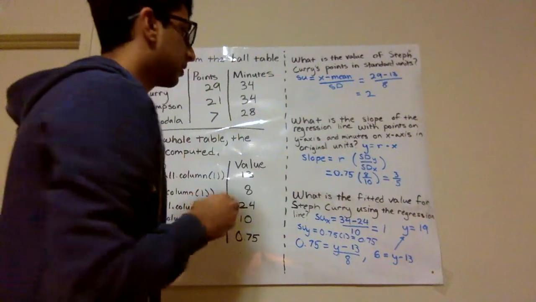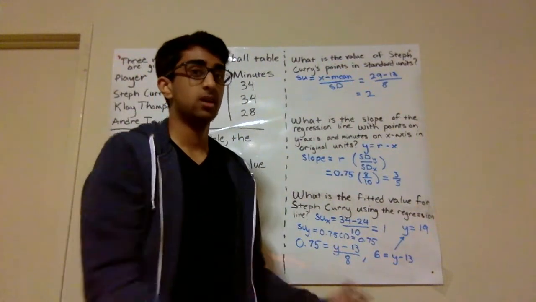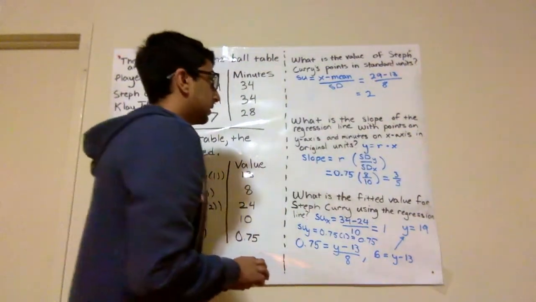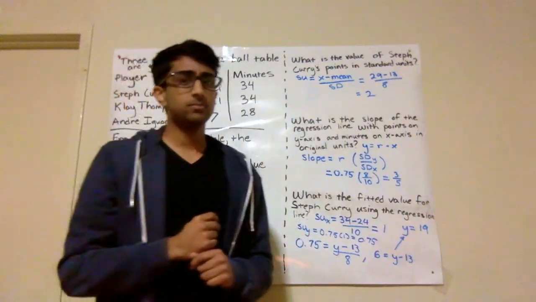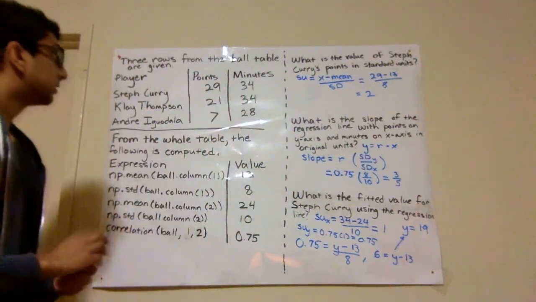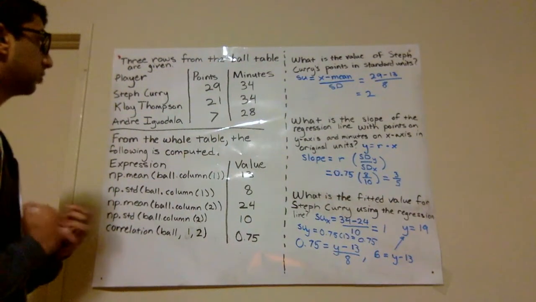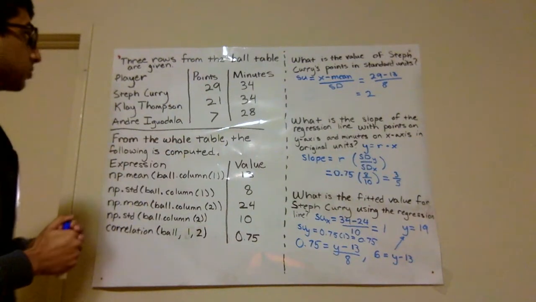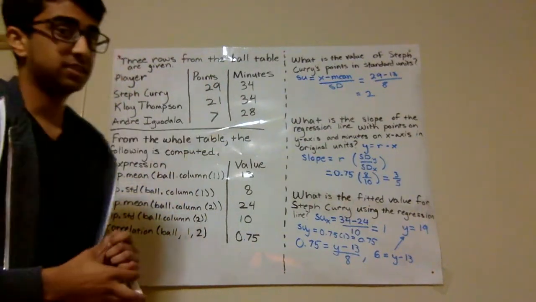So we can ask ourselves a couple questions, and this was actually the follow-up question before we head on to evaluating the other method. We're going to evaluate why y equals 19, or Steph Curry's fitted value, is so off compared to his points. If you look at how much Steph Curry does compared to a lot of his other teammates, obviously this table doesn't tell you the whole story, but in terms of points per minute, Steph Curry does a lot more than a lot of the other players.